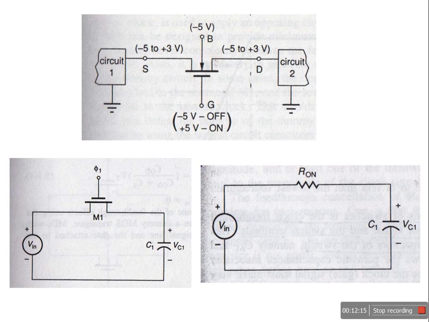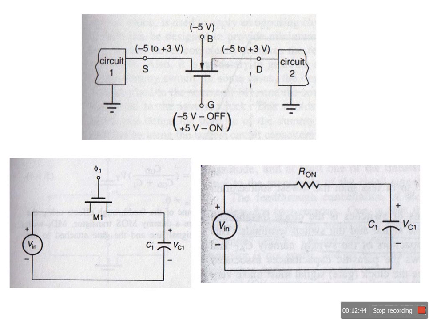The MOSFET transistor is in on condition when VGS is greater than VT, and it will be in the ohmic region when VDS is less than VGS minus VT. So we take the control terminal voltage, or the gate voltage, as 5 volt.